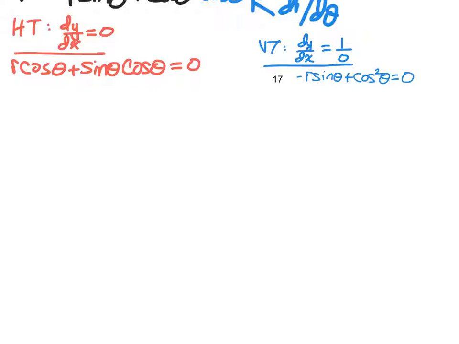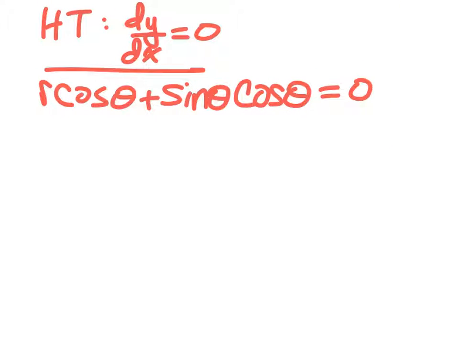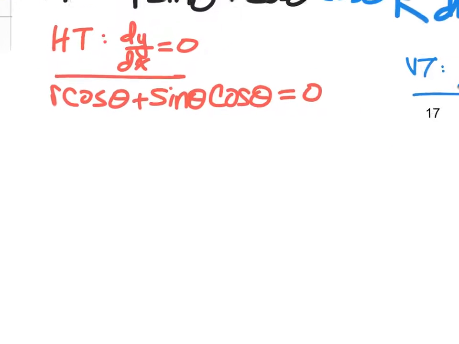All right, so we have two equations we could work with here. They're not in terms of one variable, so how am I going to solve for anything? Well, I do know what r is equal to. It's equal to 1 plus sine of theta. So let's just focus on the red equation for now.